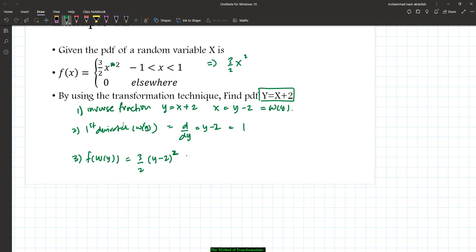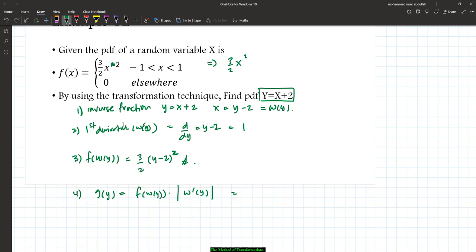So this is the new f of w(y). Step number 4, the new function should be equal to f(w(y)) multiplied with the absolute value of the first derivative of w(y).